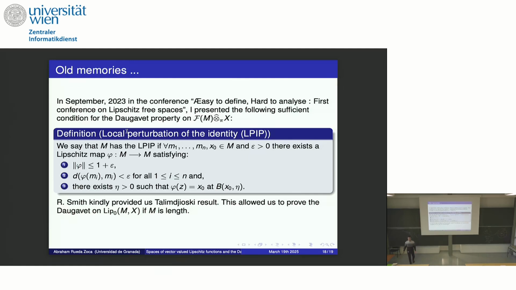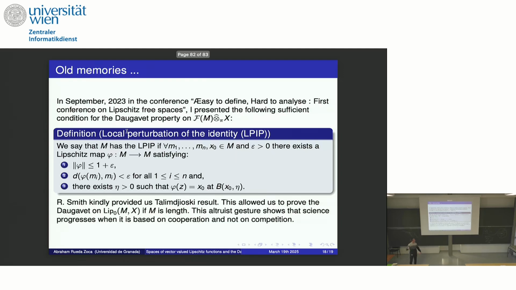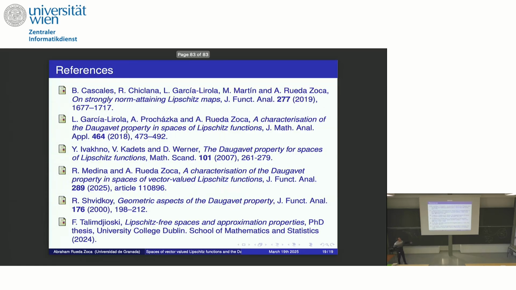I like to tell this story in order to make publicly my acknowledgement to Richard Smith, and also because I think this is a very nice story which shows that the real progress of science is based on cooperation and not on competition. I finish with the list of references I have based on.